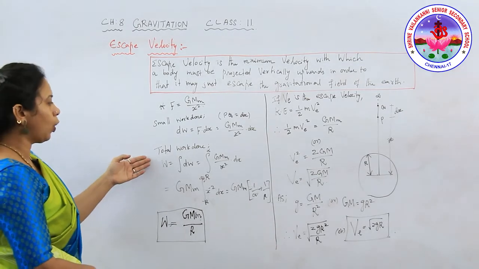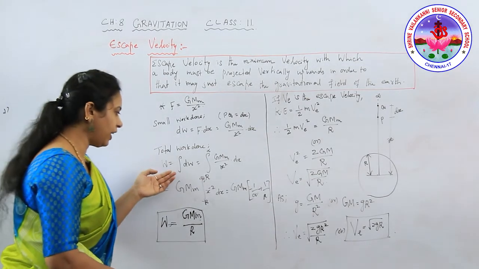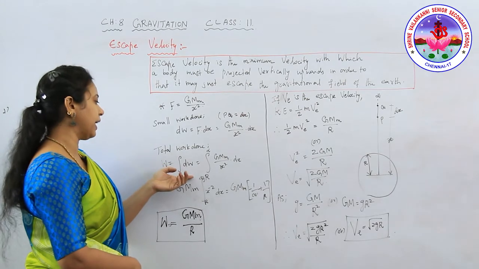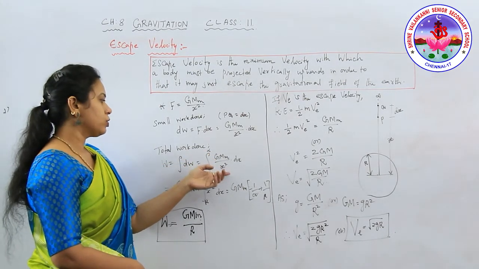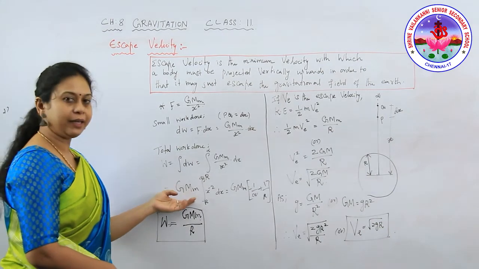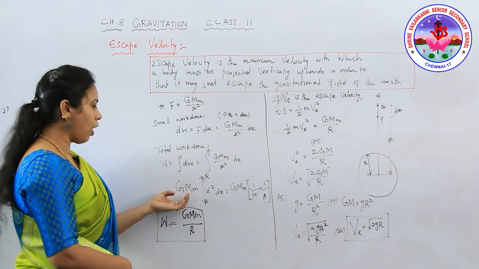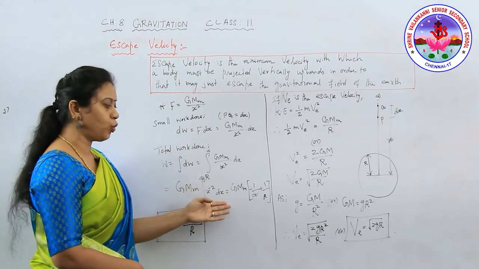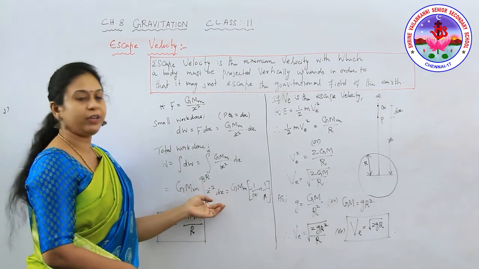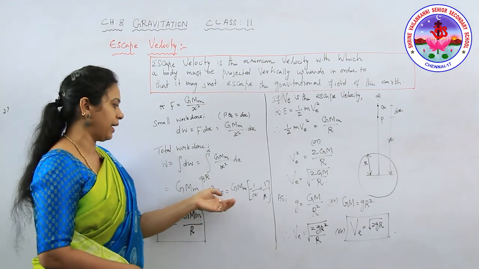So we need the total work done. We take W equal to integration of dW from capital R to infinity. By integrating, you can take out GMm, integration of x power minus 2 dx. We know it is minus 1 by x.